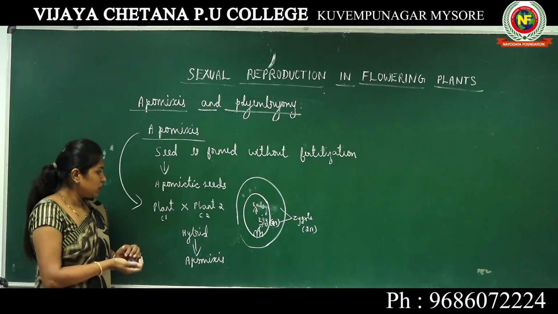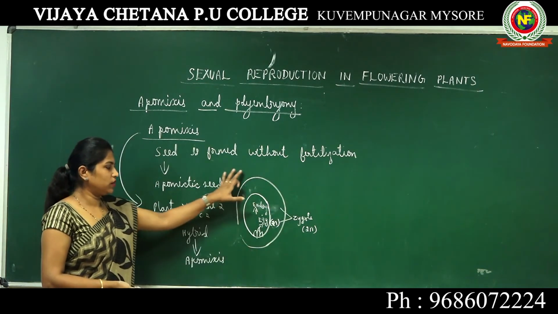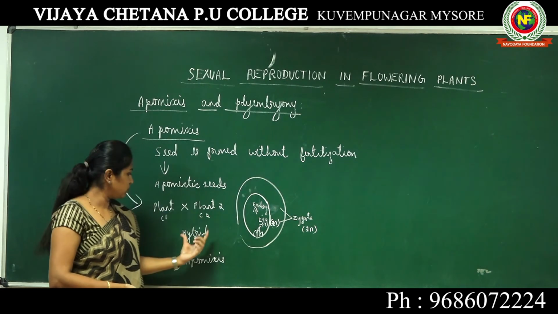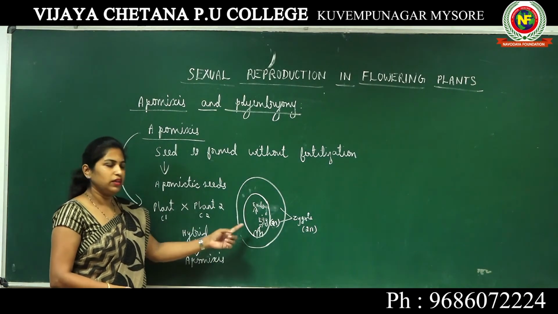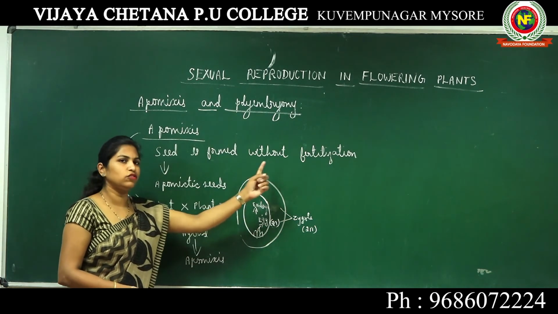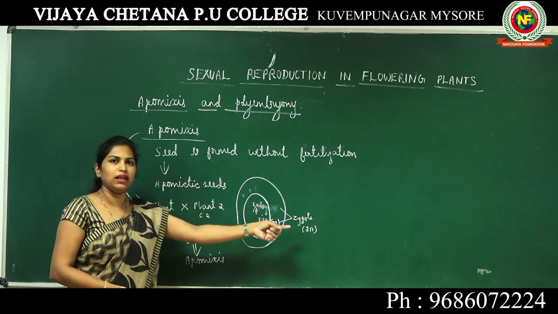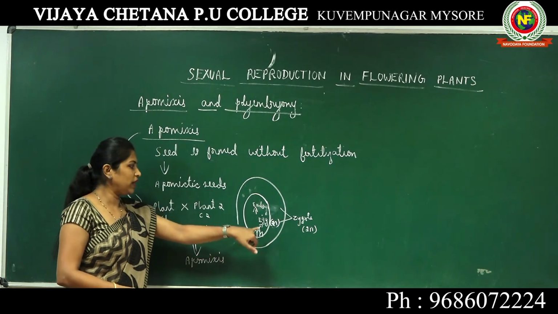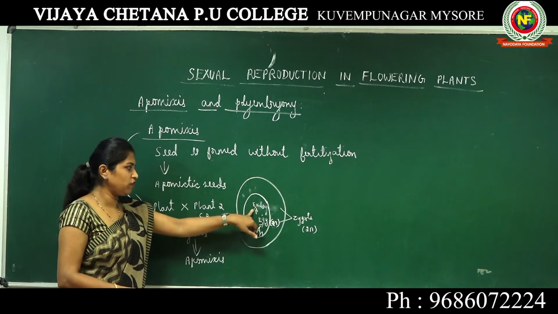That means in the hybrid plant, inside the ovule, inside the embryo sac, there is an egg. This egg is not allowed to get combined with any male gamete from any other plant, whereas this egg is made diploid and allowed to undergo the formation of the embryo.